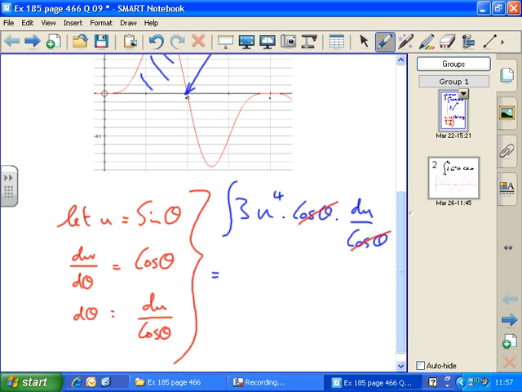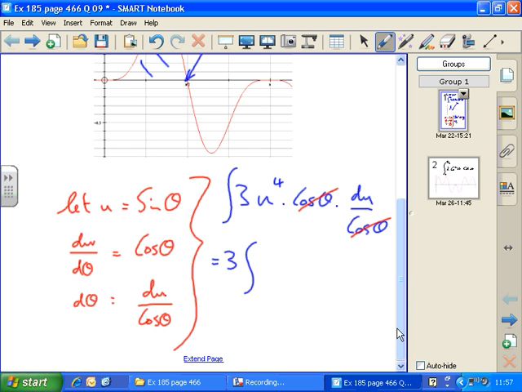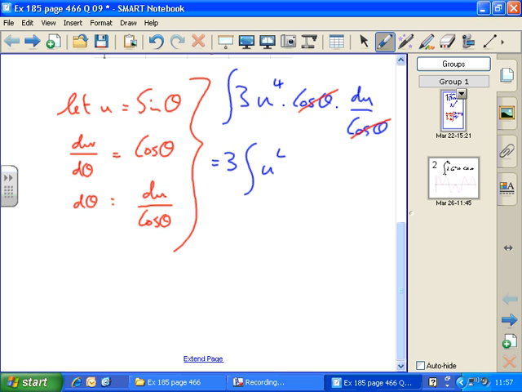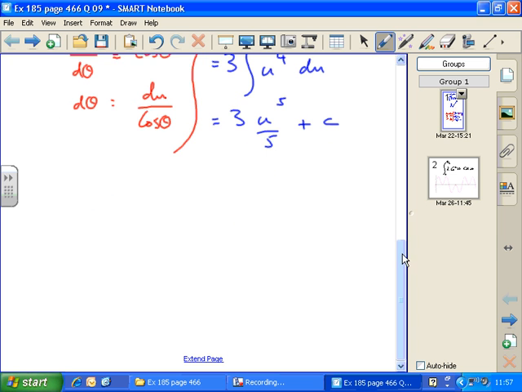So this becomes 3 times the integral of u to the 4 du, which equals 3 times u to the 5 over 5 plus c. Replacing u with what we let u be, which was sine theta, we get 3/5 sine theta to the power 5.